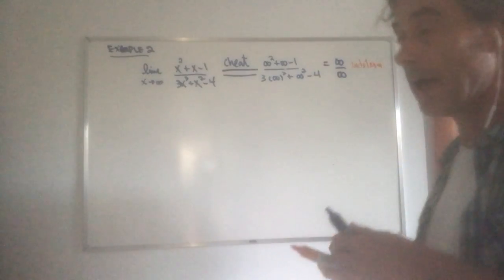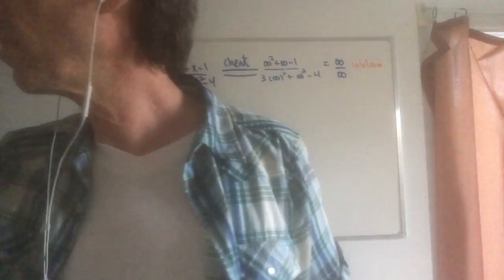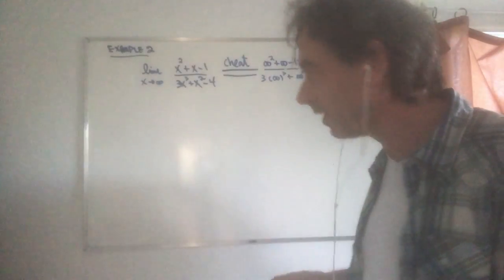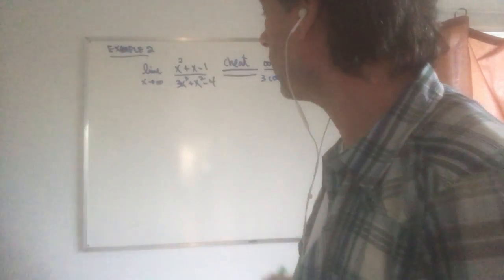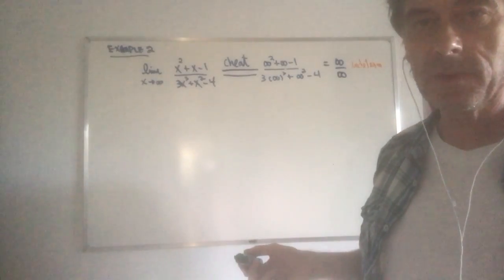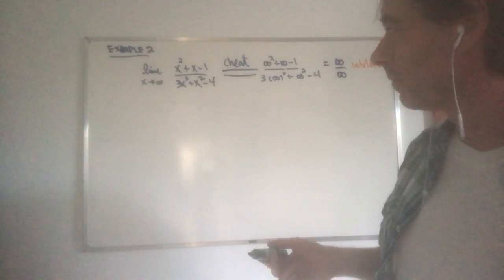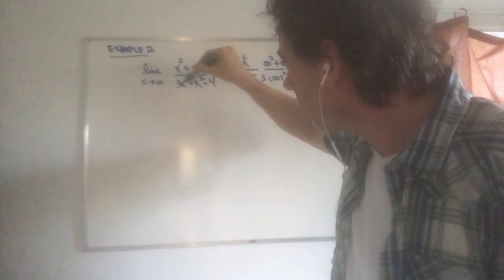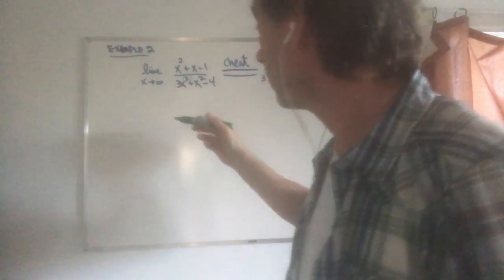Okay, fun things under the horizon in a minute. But now we have a strategy for this, don't we? We're going to divide top and bottom by x to the highest power we can find anywhere in here. What is the highest power you can actually spot in this expression? If you said 3, you're right.